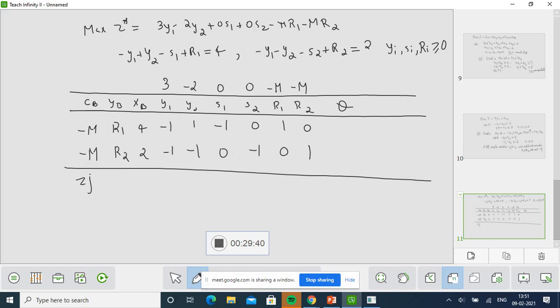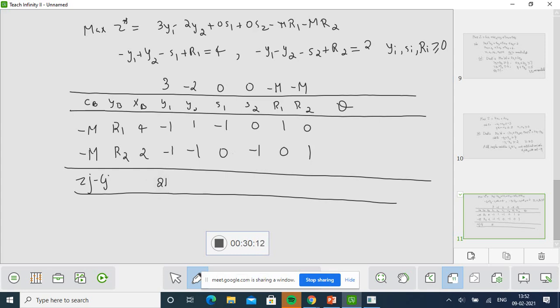Now we have to compute Zj minus Cj. Before finding Zj minus Cj, please remember the formula. I will have Cb into this y1 column minus the cost on the top. Minus m into minus 1 is m, minus m into minus 1 is m, add both, 2m.